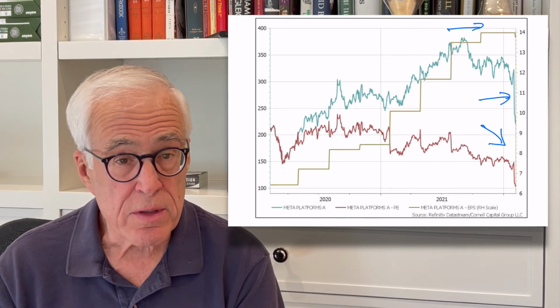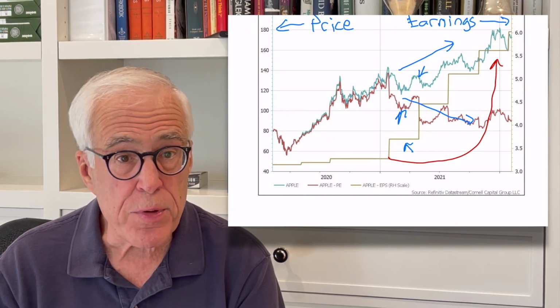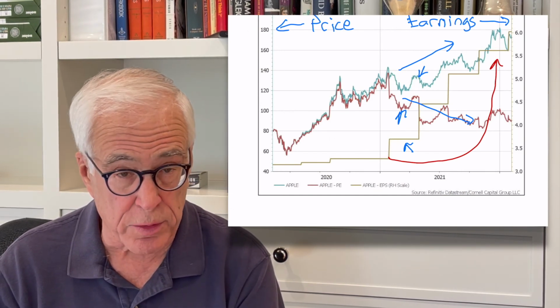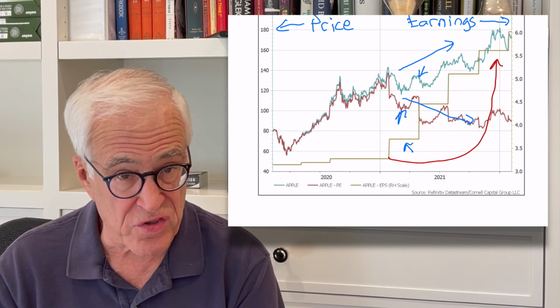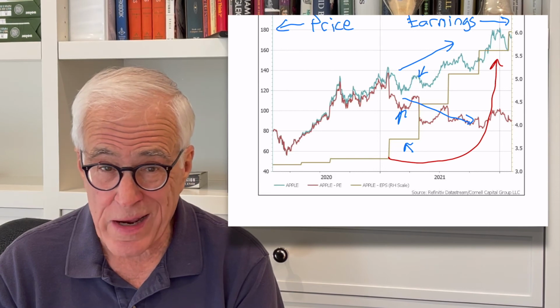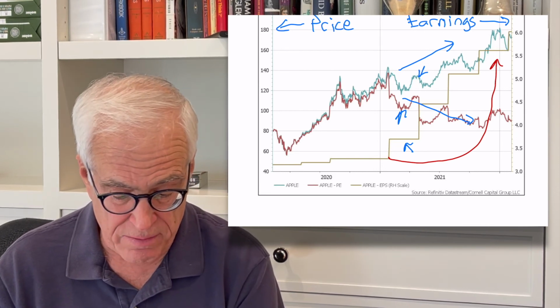Now, the way I read all this, and I'll just go back to Apple and use it as an example. When Apple was rising purely because of expansion of the multiple, it made me, as a potential investor in Apple, nervous. I felt it was rising based on sentiment that could be reversed at the drop of a hat.